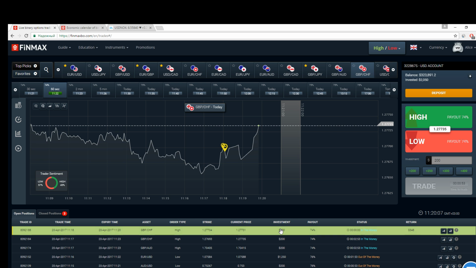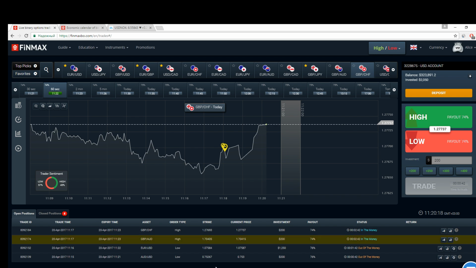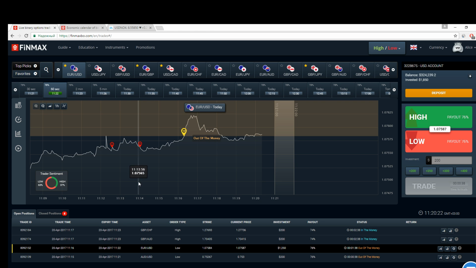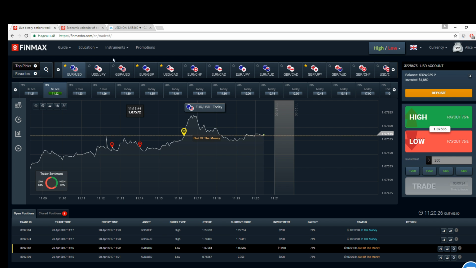Okay, this one is good for 1 minute, the one that I wanted to open. Meanwhile, we have opened 4 trades, 2 of them in the money, 2 of them out of money. But I'm planning to cover the last one with this trade. It will expire in 1 minute.